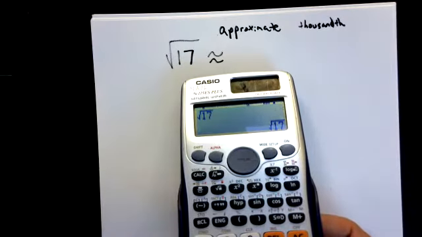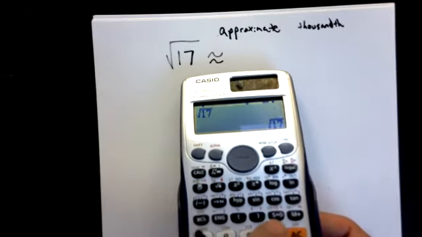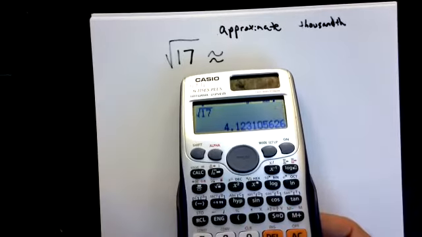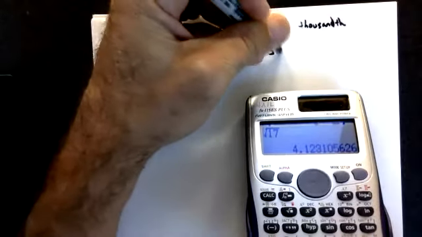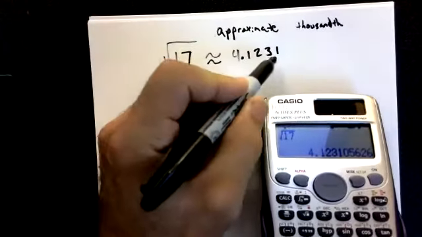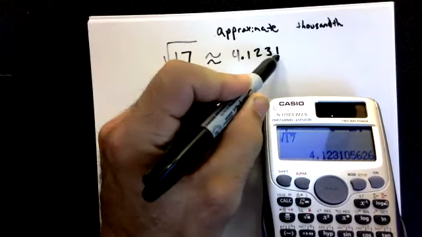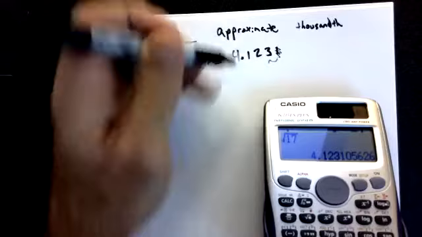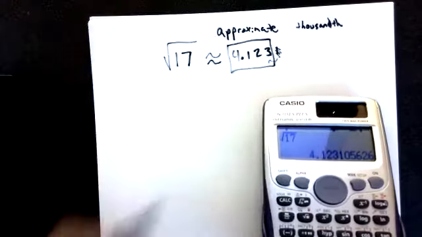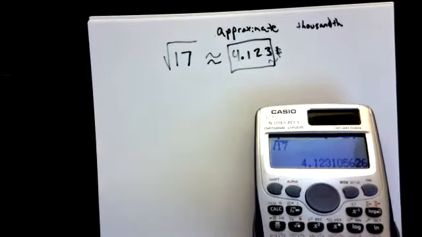It doesn't want to give me the decimal, but if I hit my S to D button, that'll change it. And I can write this as a decimal. So that is about 4.1231. So again, if I look at the next number, if that's 4 or smaller, then we just drop it off. If it's 5 or bigger, then we round up. So this would be my approximation.